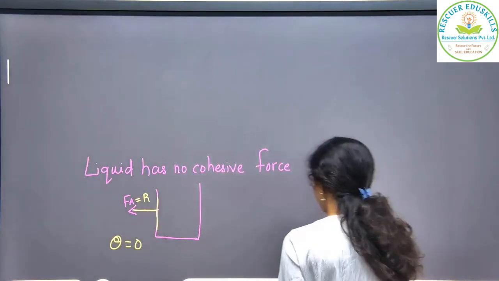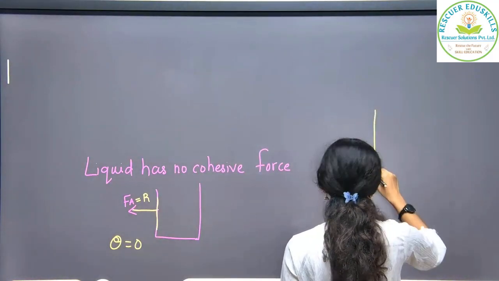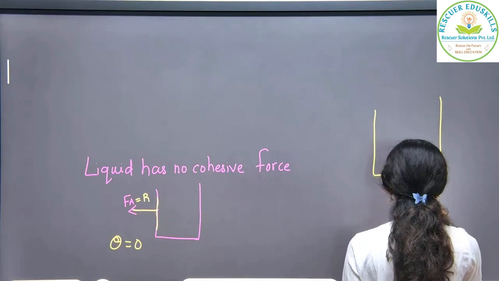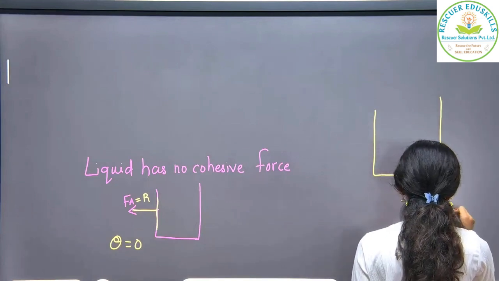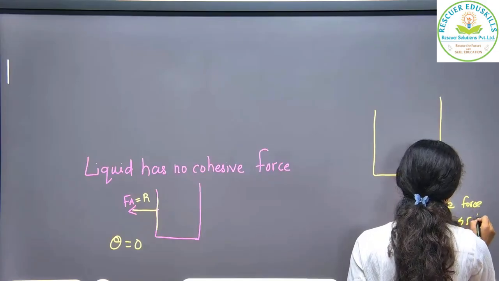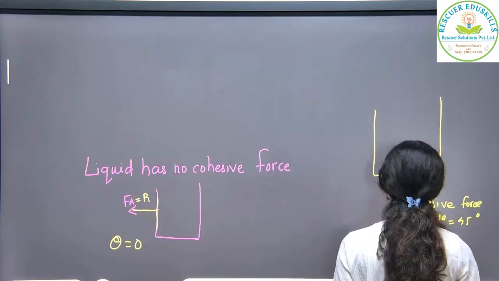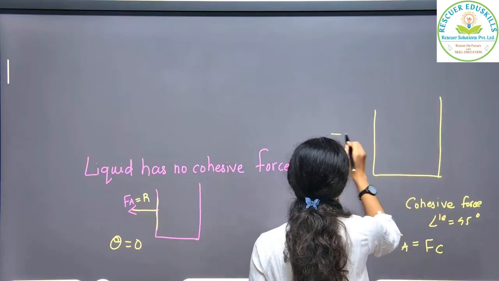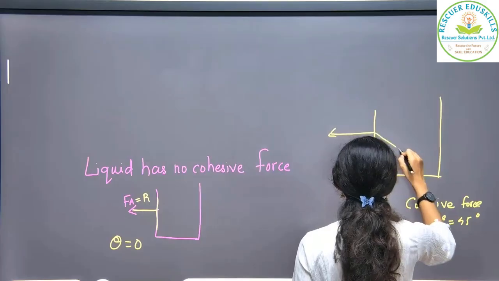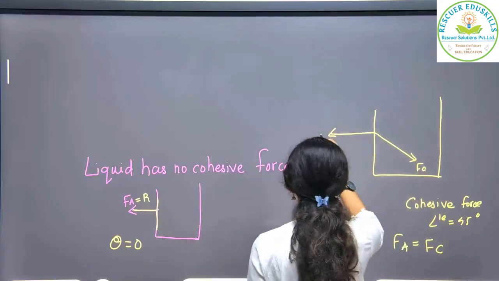In this case, the cohesive force will be at an angle of 45 degrees, and the magnitude of both forces will be the same, so FA will be equal to FC. Now we can draw this. This is FA. This is FC.